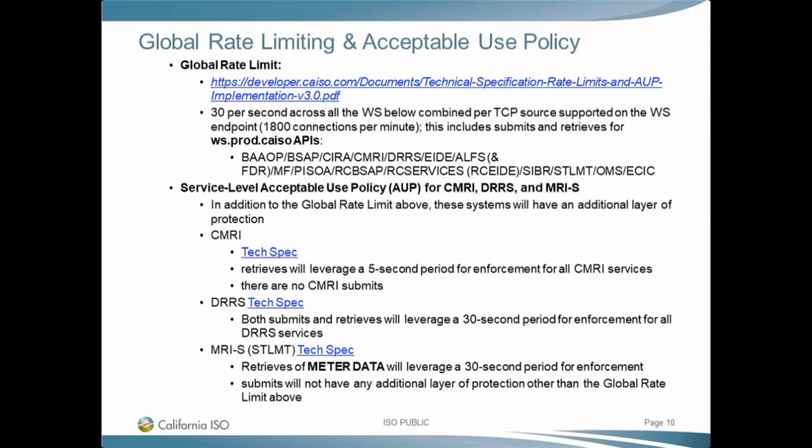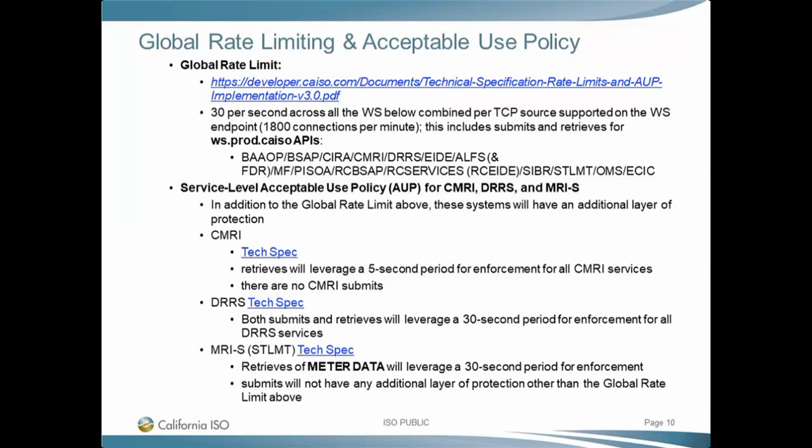One of these is that for the new API, we are introducing some additional protections for acceptable use policy for CMRI, DRS, and MRIS. We wanted to talk through that, but even at a higher level, we have no changes to the global rate limit, but we wanted to just reemphasize what our global rate limit policy is.